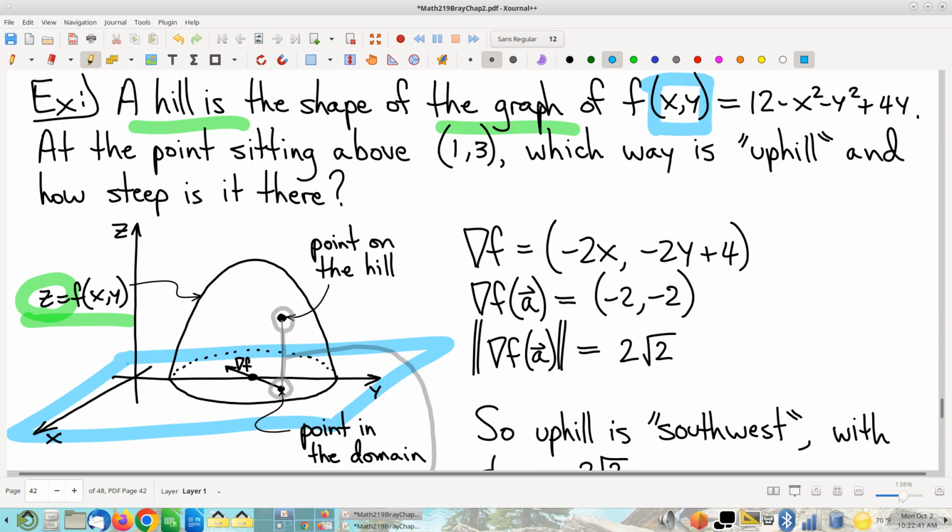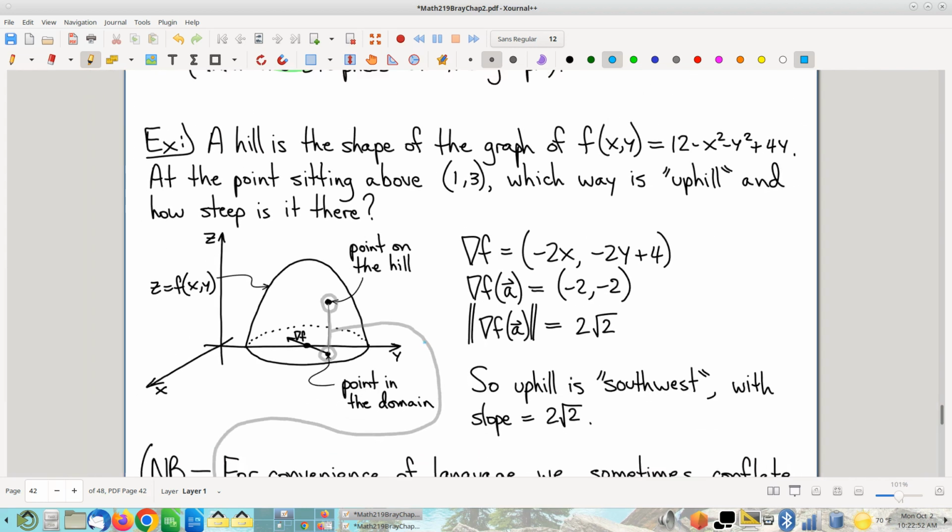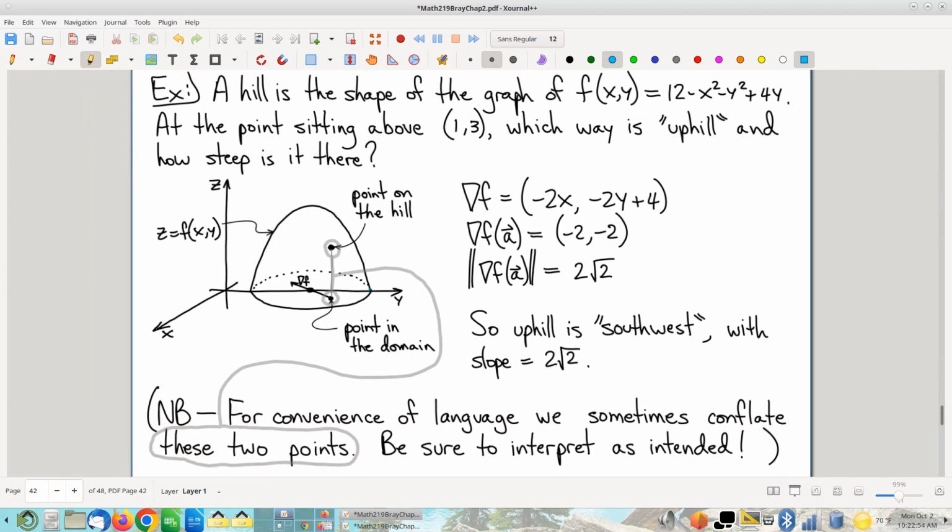Now, before we get into the actual meat of this question, I want to point out a semantic little issue. We're going to be talking about a point, where we are on the hill. Here's me on the hill right there.